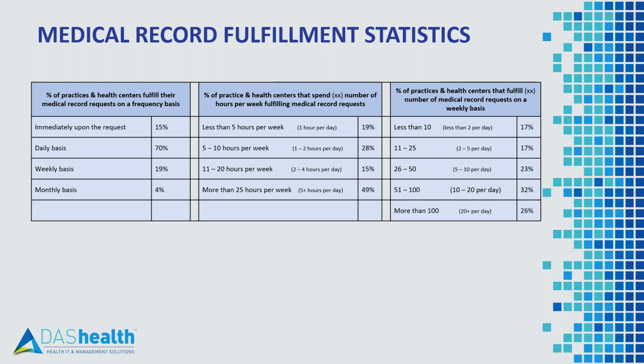And you see here how the percentages spread across the various practices. And again, you can see how you measured against with your response today. And then the right-hand box is about the volume of medical record requests that the organization fulfills on a weekly basis. And again, you can see how you rate or match up with the rest of the practices that responded over the past couple of years.